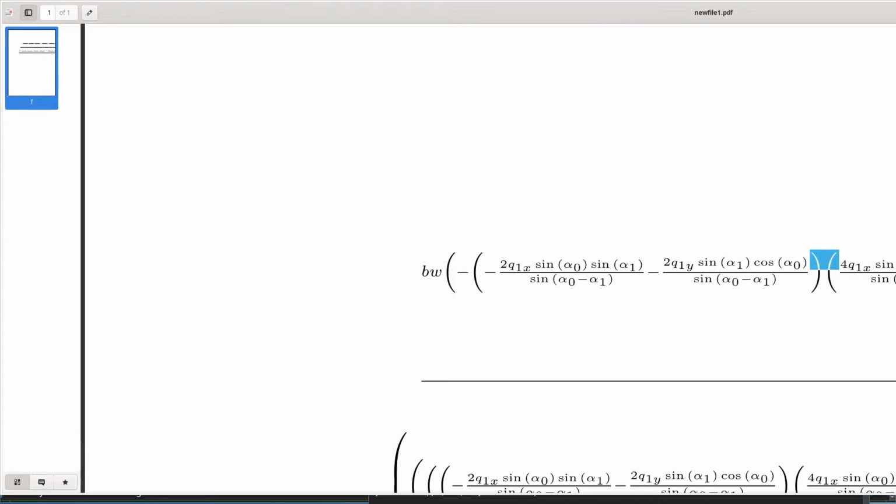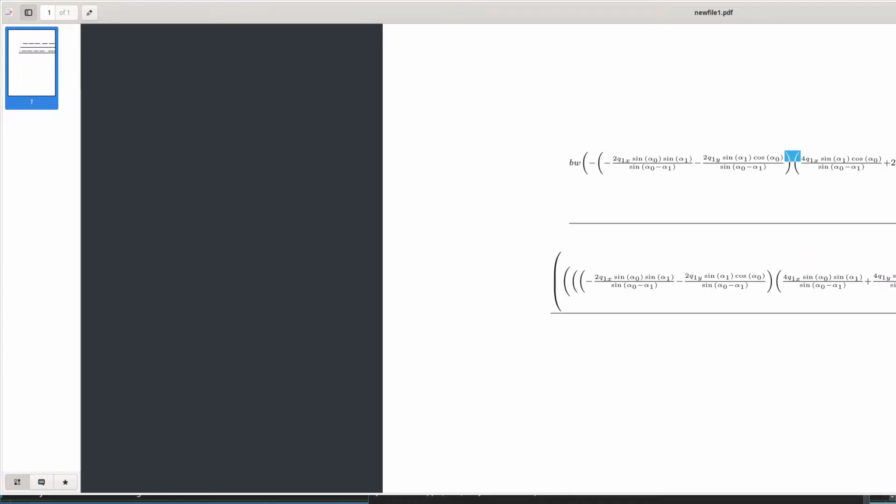It just zooms. Yep, that's not doing anything.